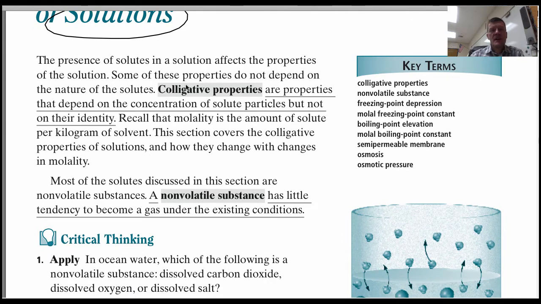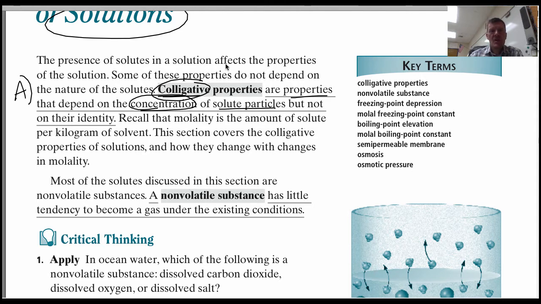So all we mean by colligative properties, here's your first point here, you need to know what a colligative property is: properties that depend on the concentration of solute particles. But it doesn't matter what it is. Okay? So colligative properties are going to be properties of that solution, and it depends on how much is dissolved. What is the concentration?